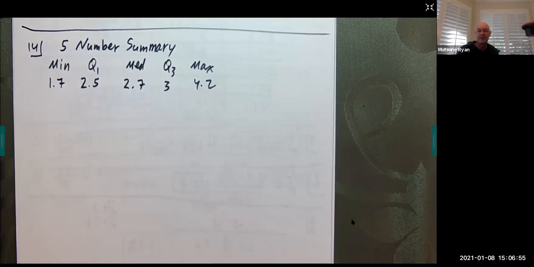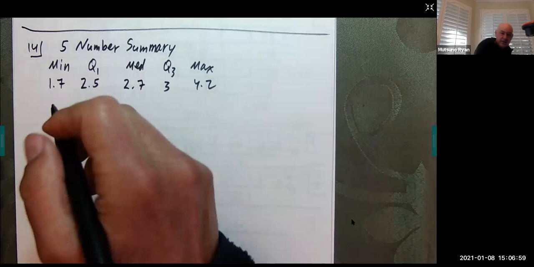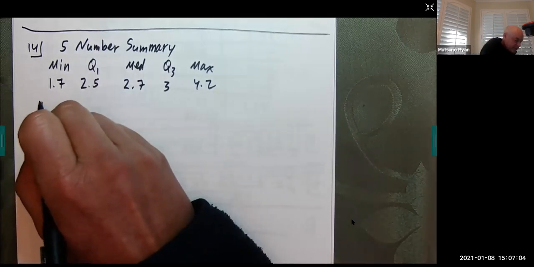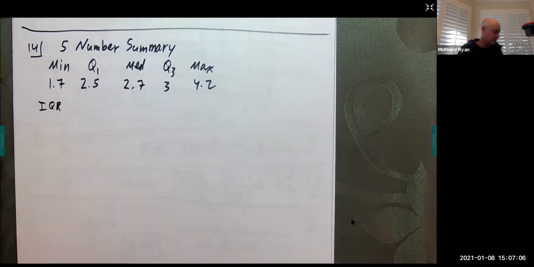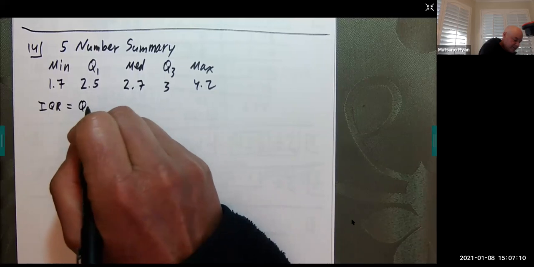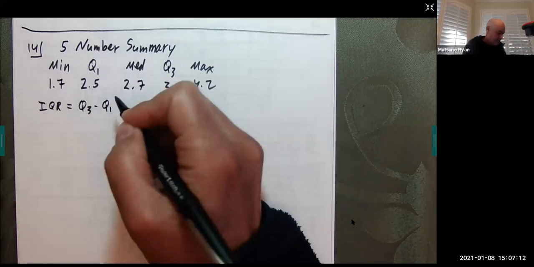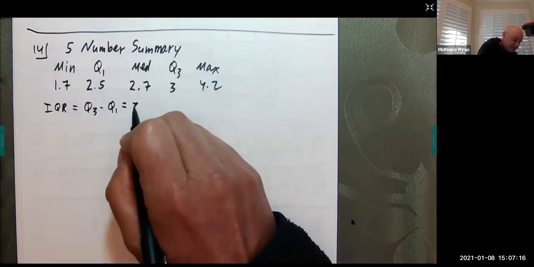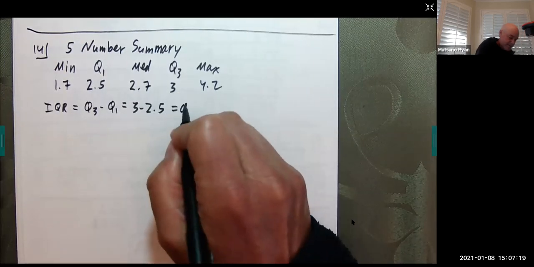Now they want a modified box plot, so we are going to look for outliers. So first thing I'm going to need is my interquartile range, or the IQR, which is Q sub 3 minus Q sub 1. In our case, that is 3 minus 2.5, and I can see that that's just 0.5.